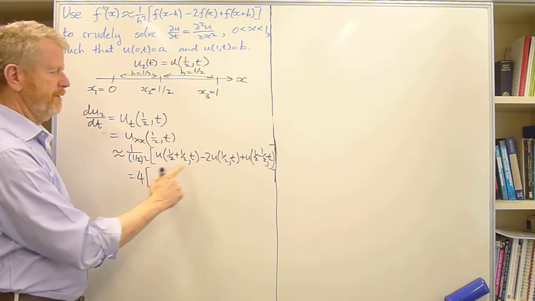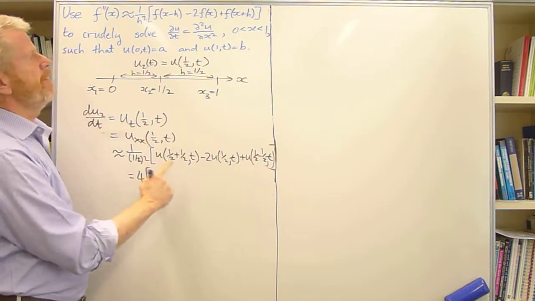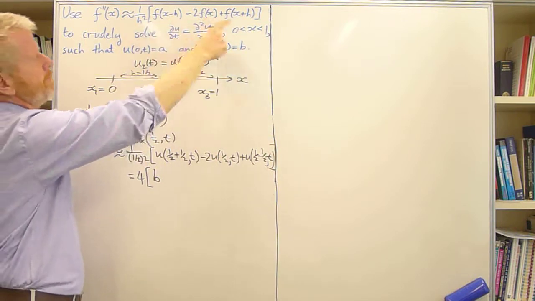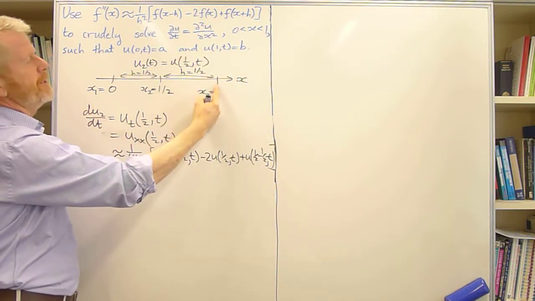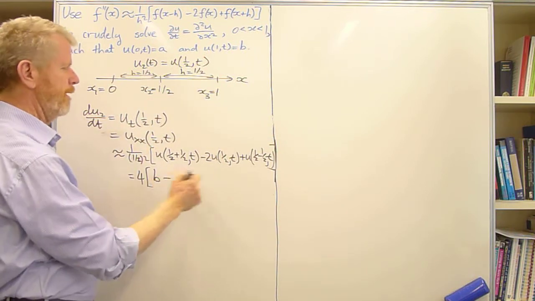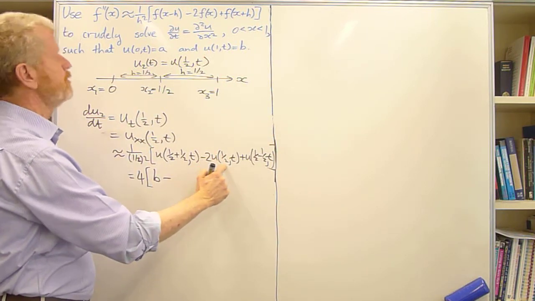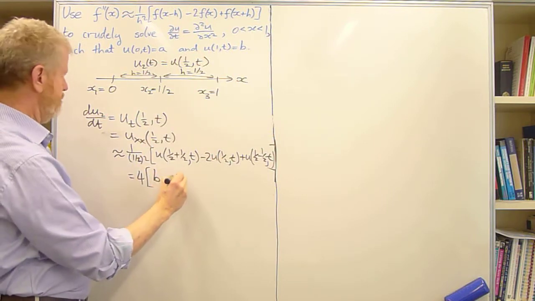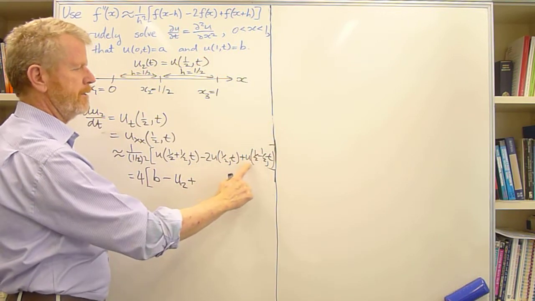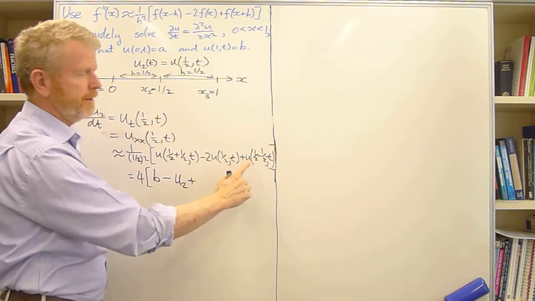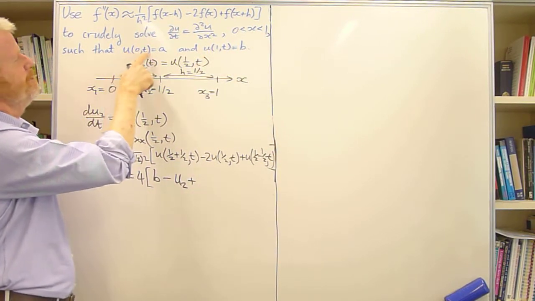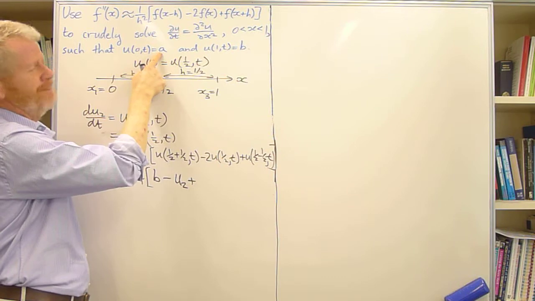U of a half plus a half, t, that's u of 1, t. U of 1, t is the boundary value b, because this approximation is looking at distance h over here and finding the boundary value. Minus 2 u of a half, t. U of a half, t we've called u2 up here, and then plus u of a half minus a half, that's u of 0, t, and u of 0, t by the boundary condition on the left is a.